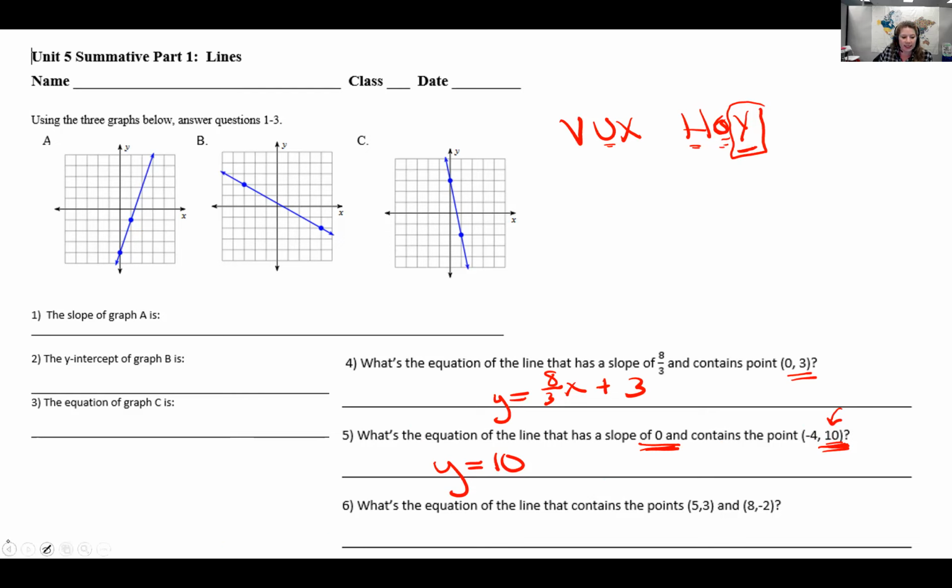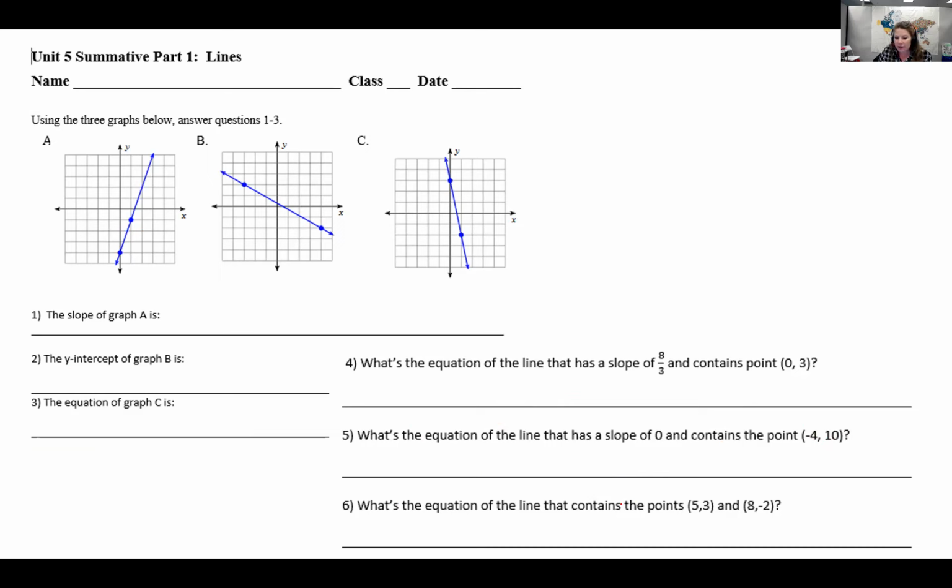All right, number 6. I need to write the equation of the line. I have 2 points. So the first thing I need to do is find the change in y over the change in x to get the slope. So how does y change?